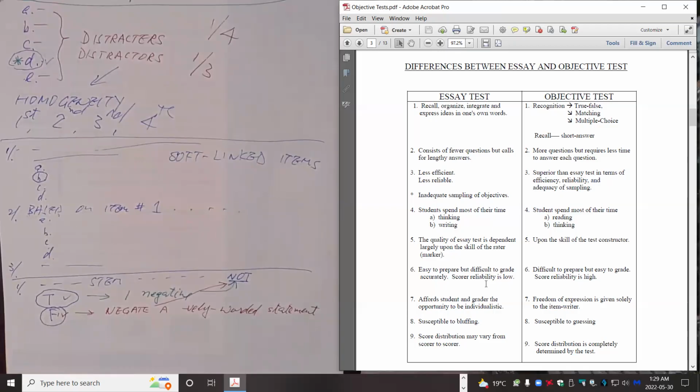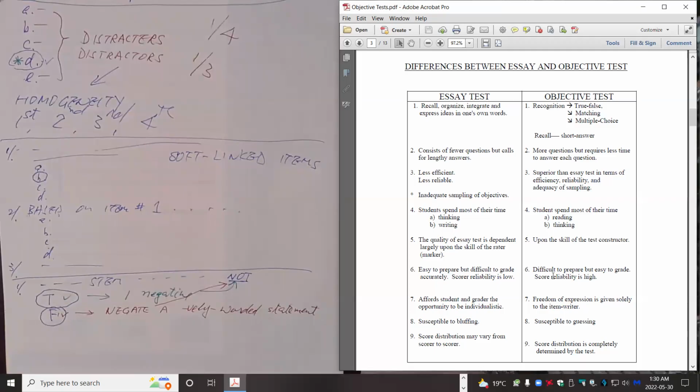You know the scenario. So score reliability is very low, as to say there is no agreement among different markers of the same test. I hope I have given you more meaning about the word reliability.